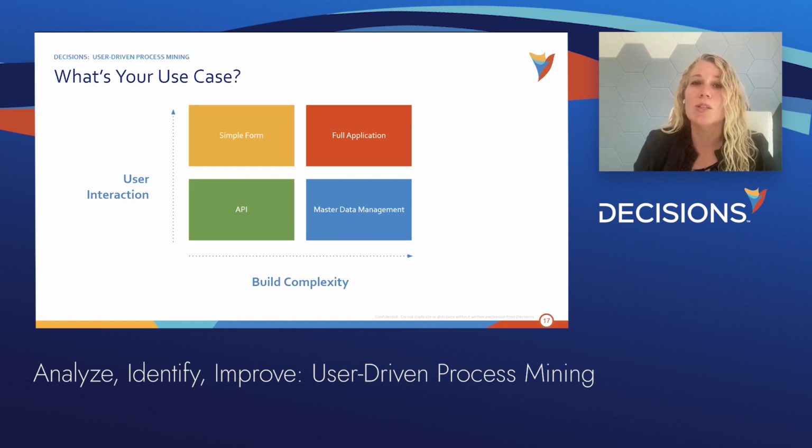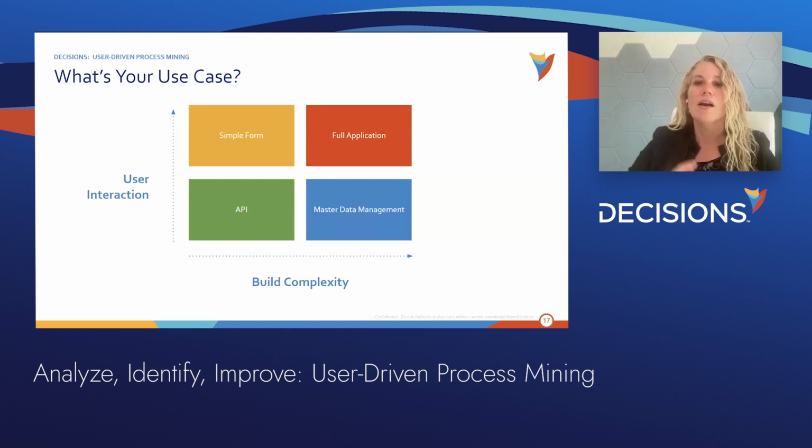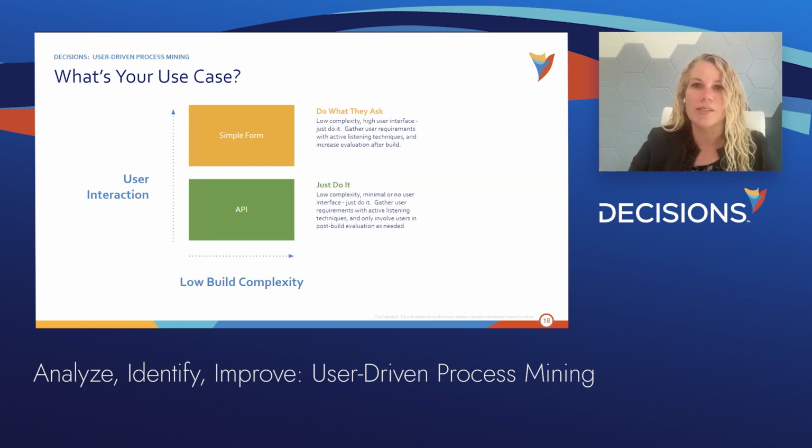It could take you just a couple of minutes to connect different software with decisions as the middleware and do some data transformation in between. Now, if you're implementing an entire master data management program on the right, that's a bigger build complexity. So we'll take a deeper dive into these 4 boxes on the next couple of slides so you can think about when and how to engage users based off of these boxes.